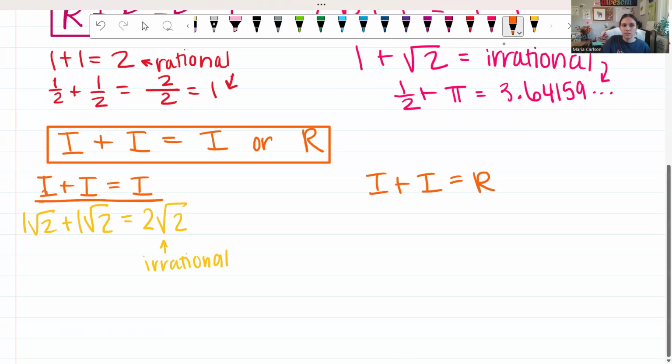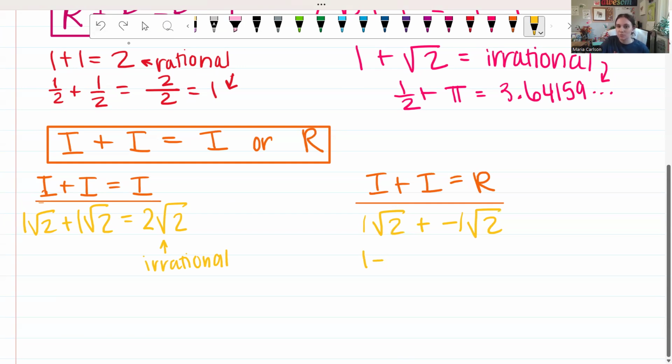Let's maybe underline these. So for example, if I have the square root of 2 and I add the negative square root of 2, here now I am really combining these like terms of 1 square root of 2 plus negative 1 square root of 2, and 1 minus 1 or 1 plus negative 1.